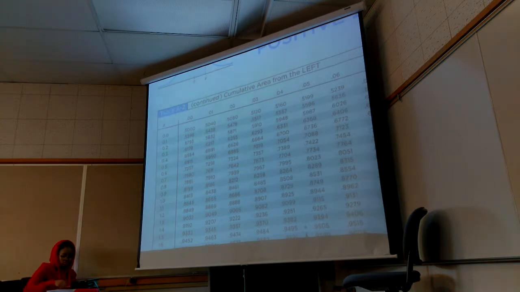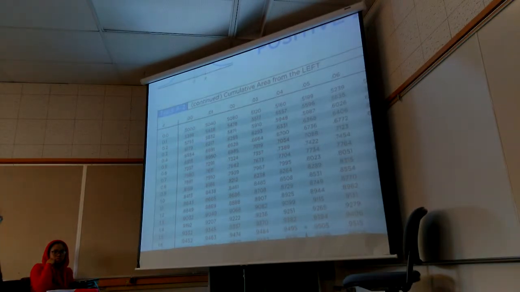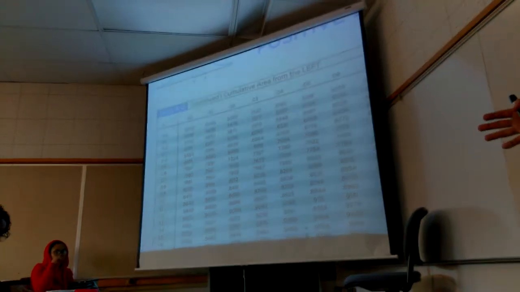And what is 0.8413 minus 0.1587? 0.6826. And what was it supposed to be? 68%. All right, so the empirical rule is rounded, but it just does that to make it easier to remember.